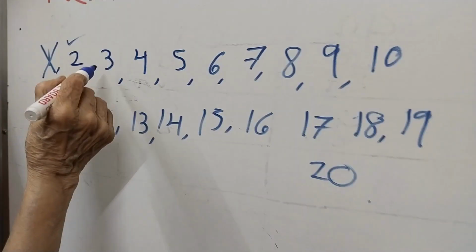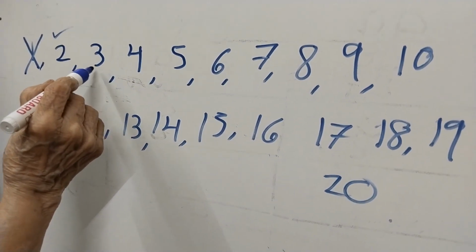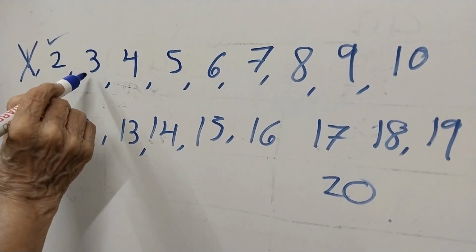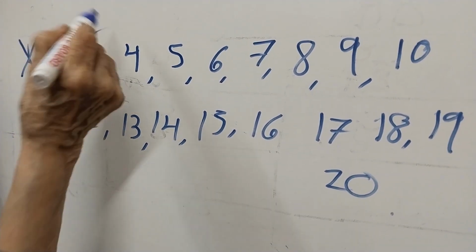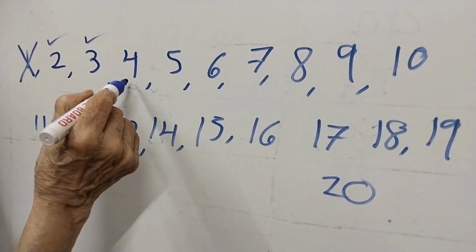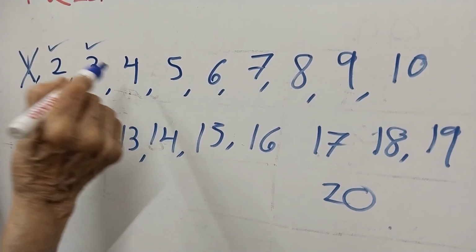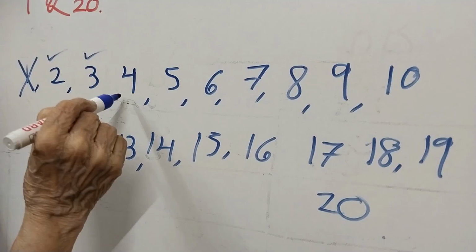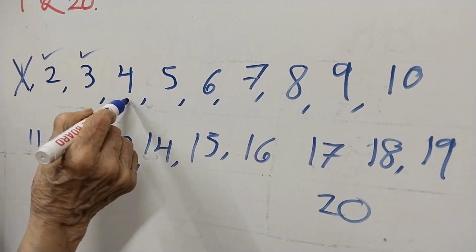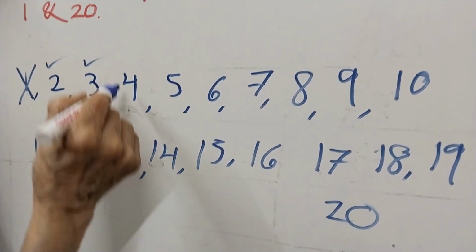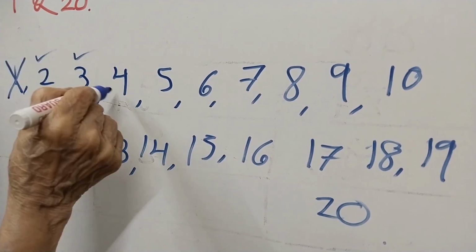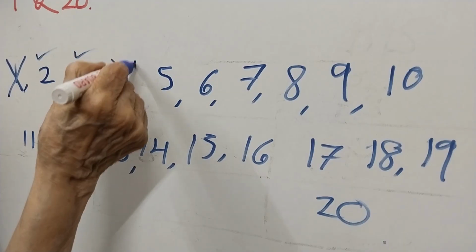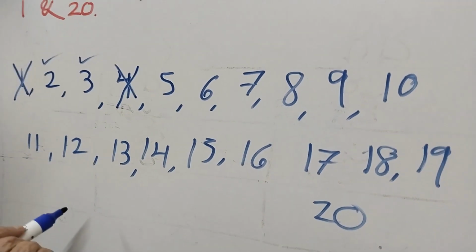Number 3 is also a prime number because it has got only 2 factors, 1 and 3. Now we come on 4. 4 has got 1 as a factor, 4 as a factor and 2 as a factor because 2 2s are 4. So here 4 has got 3 factors and hence it cannot be called a prime number.